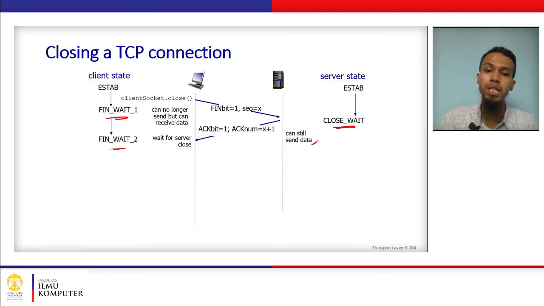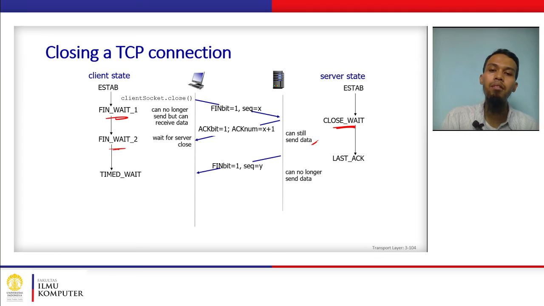Now finally, the server sends a FIN message to the client, and when the FIN message is sent, the server can no longer send data. It will then wait for the last ACK sent by the client.